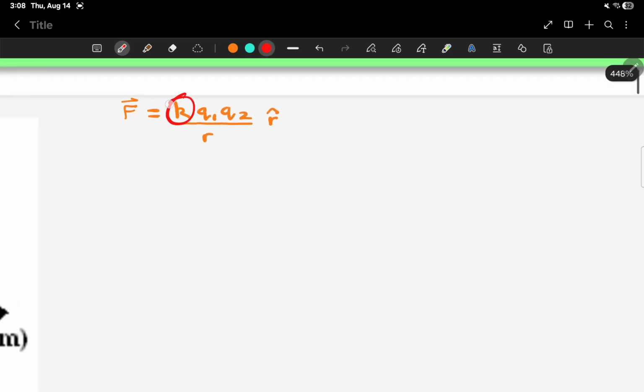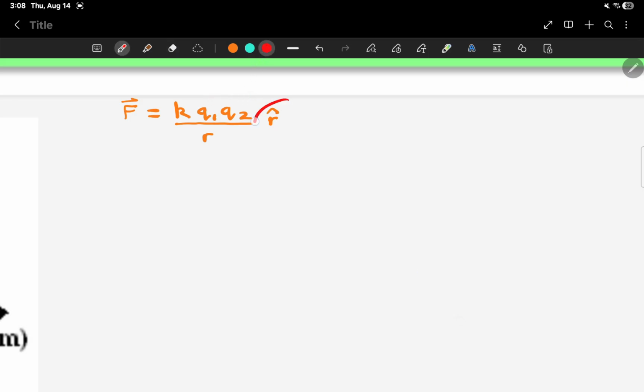And basically that's just a constant number. These are the actual charges in units of coulombs with the positive and negative signs, whatever you experience in a question. That is the radius, the distance between these two charges.